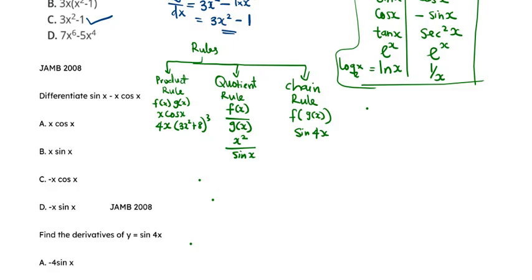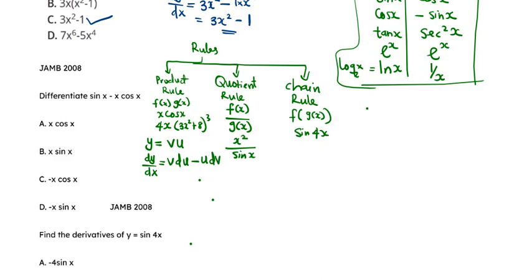So what is the product rule? Generally speaking, if you have a function y equals v times u, where v is a function and u is also another function, how do we deal with this? The rule states that dy/dx is: you hold the first function and you differentiate the second function, plus you now hold the second function and you differentiate the first function, with respect to whichever variable you are dealing with.